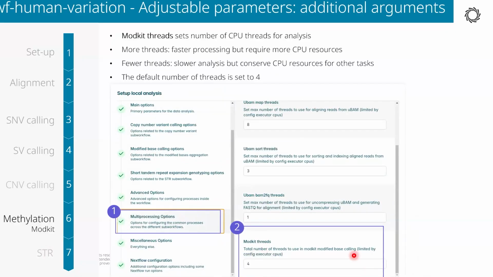Similarly, if you do have a more powerful system or an HPC and there are more threads and you think that the ModKit function can be run more efficiently by providing it with more threads, you can modify that option here in the workflow as well.